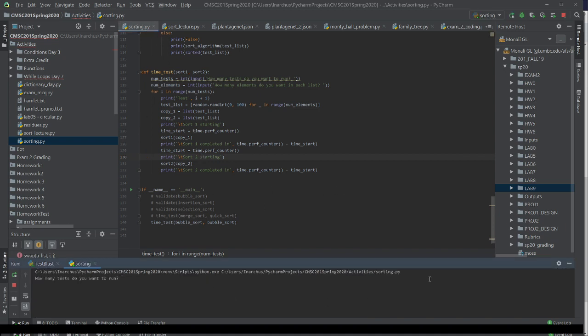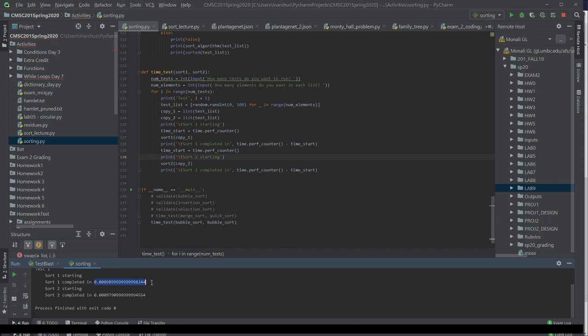So let's run one test of size 100. There we go. Okay, cool. So that finished in about 0.0009 seconds. Okay, let's do it again.